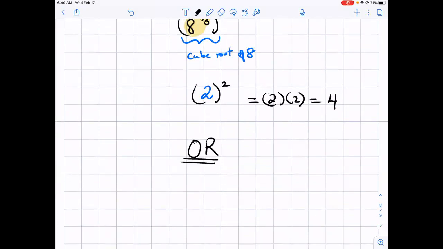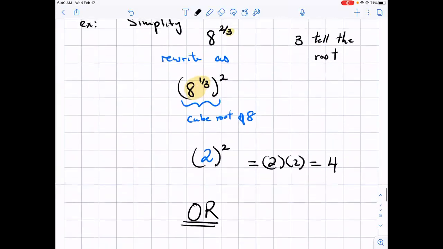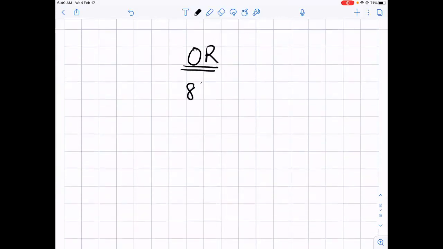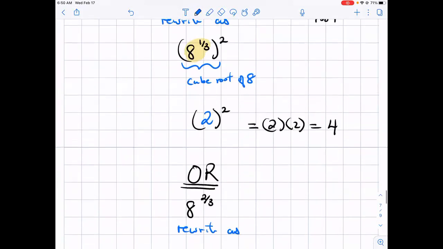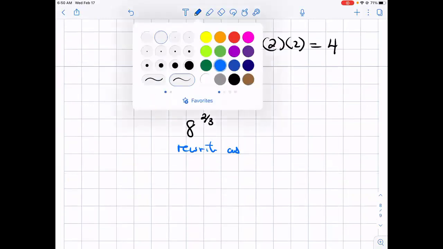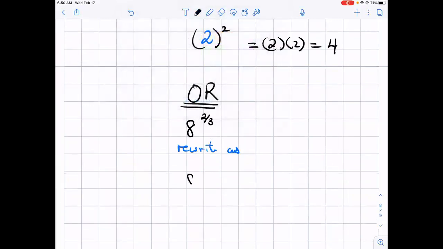You will see that if I did it the other way, we had 8 raised to the 2/3 power. If we rewrite it, we rewrite this as 8 squared, and then I raise it to the 1/3 power.